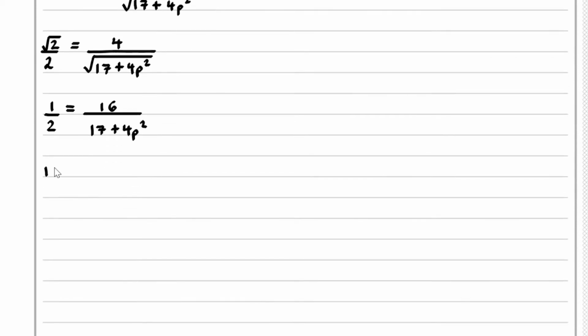So 17 plus 4p squared is equal to 32, which means if I attempt to solve for p, p is equal to plus minus root 15 over 2.